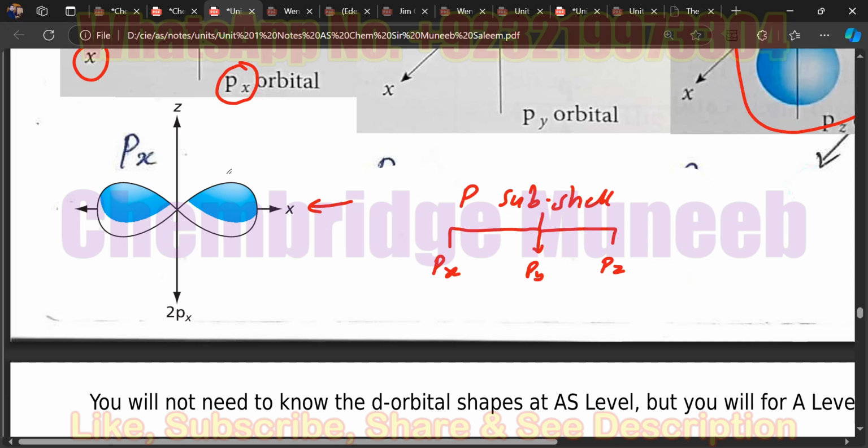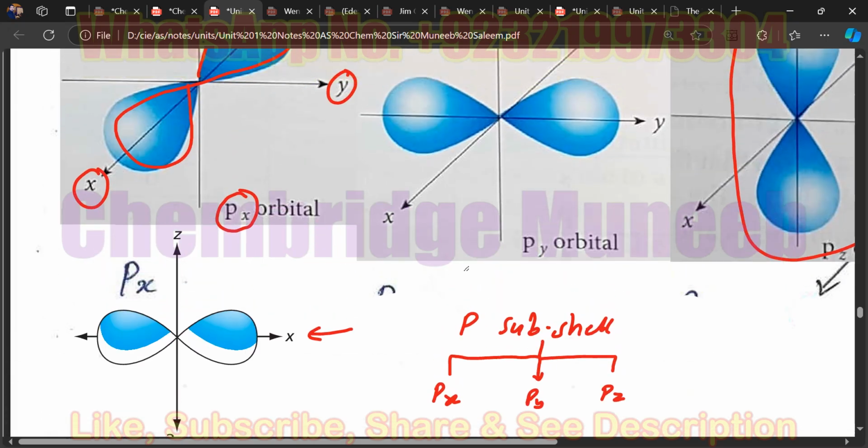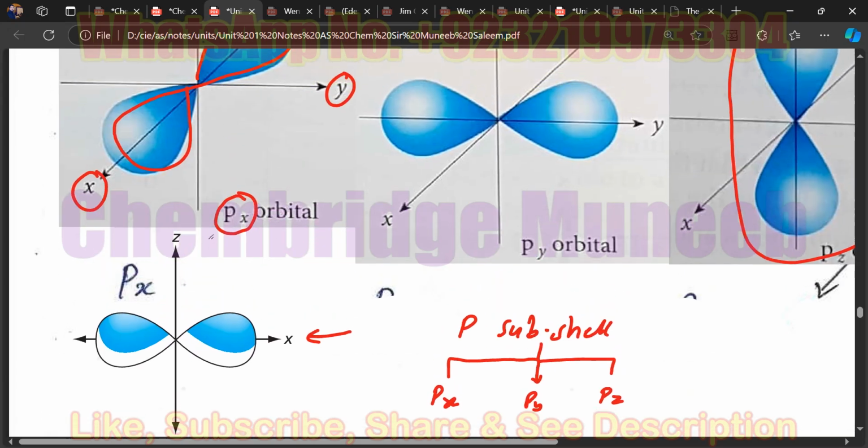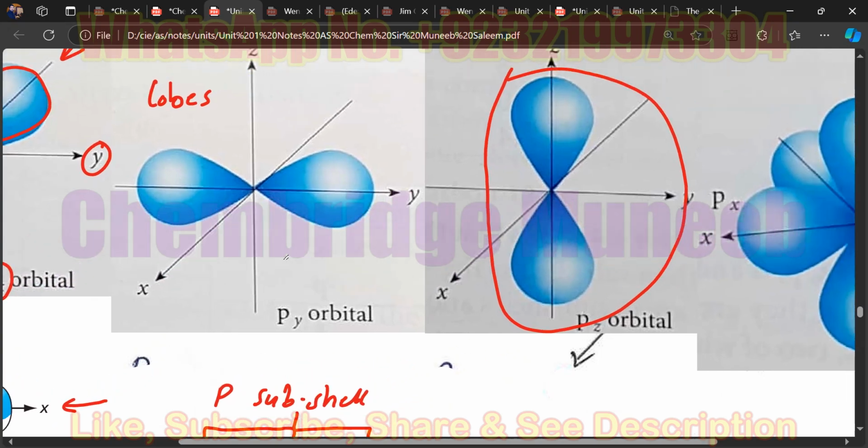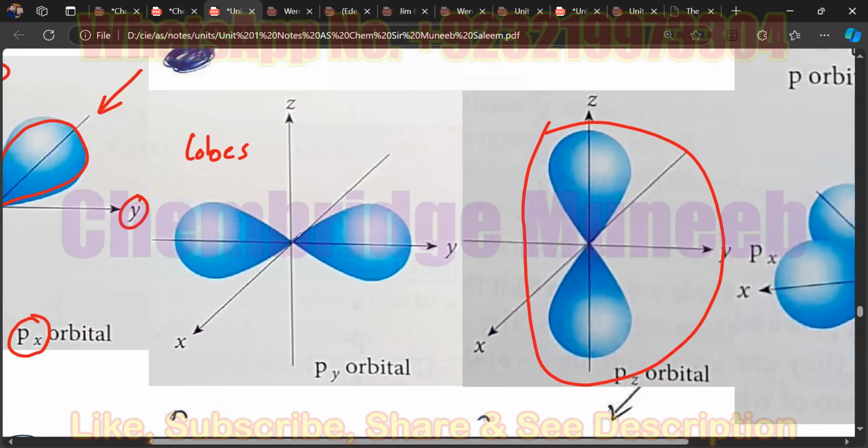But once you have constructed the axis, you will have to specify the orientations of the 3 orbitals px, py and pz. So this is the px orbital, and then about the py. The py is that orbital which will be oriented on the y-axis. Alright.